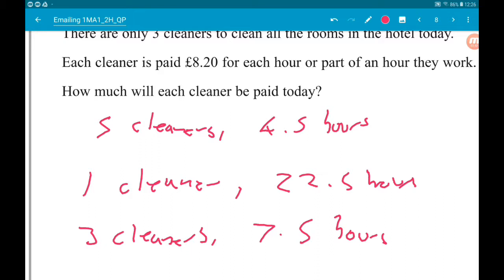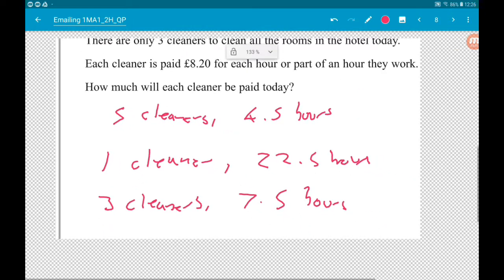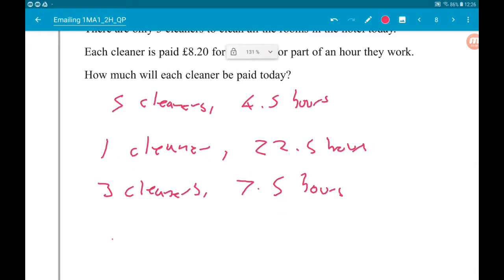So the cleaners are going to work 7.5 hours each, which means then they get paid 8 times £8.20. So that's going to be 64 and 160, £65.60.